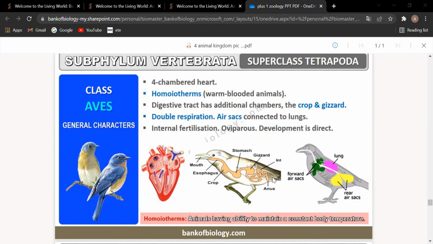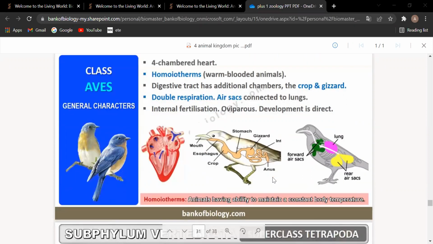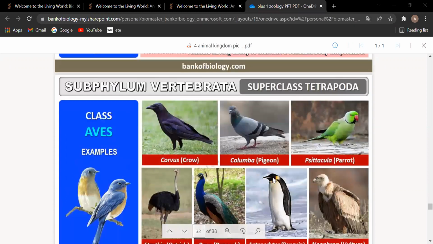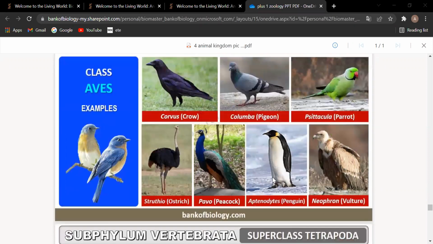Okay. Examples: Corvus, crow, Columba, pigeon. Psittacula is parrot. Struthio, ostrich. Pavo, peacock, many of you would be knowing it also. And your penguin is going to be called as what? Aptenodytes. And Neophron is vulture.